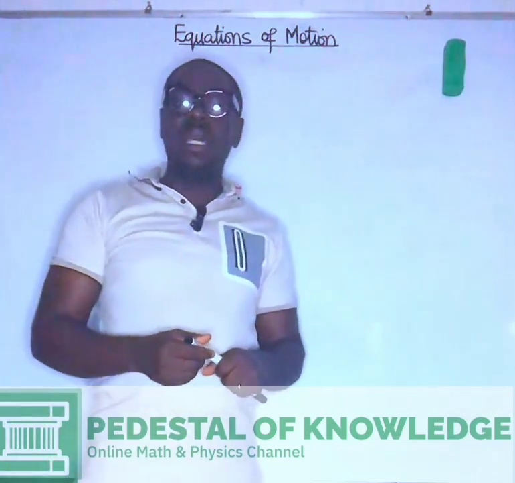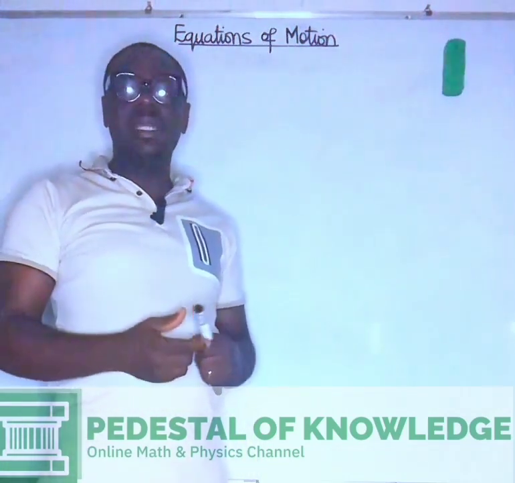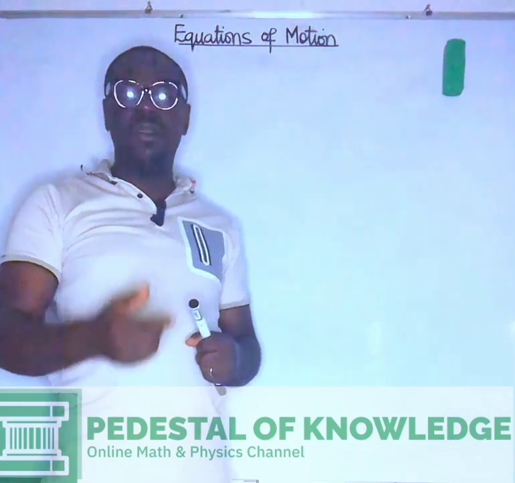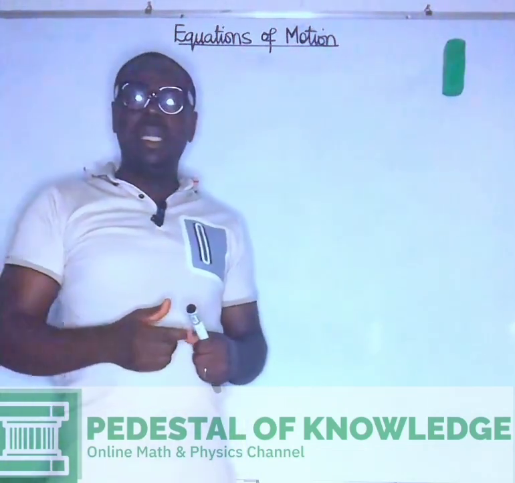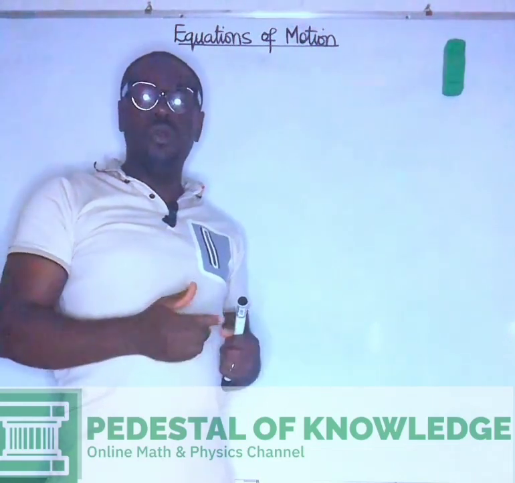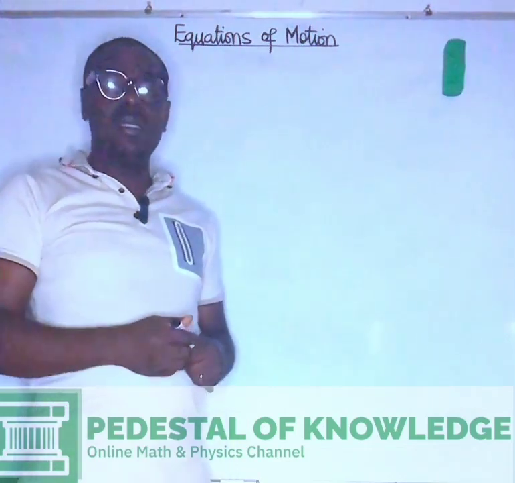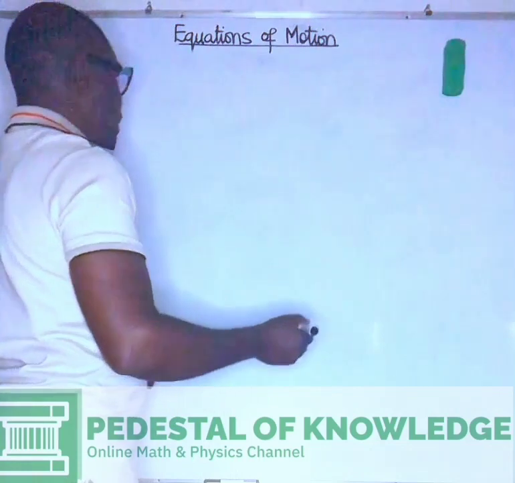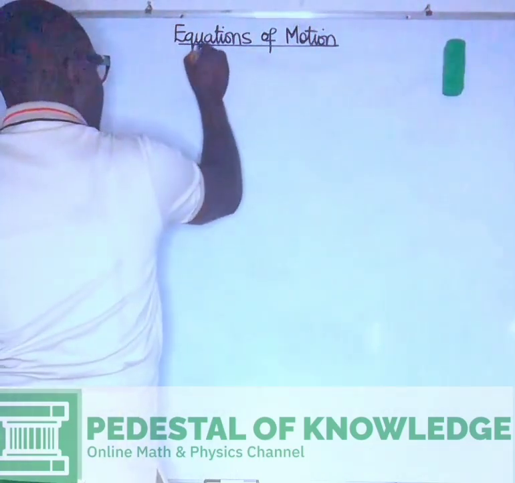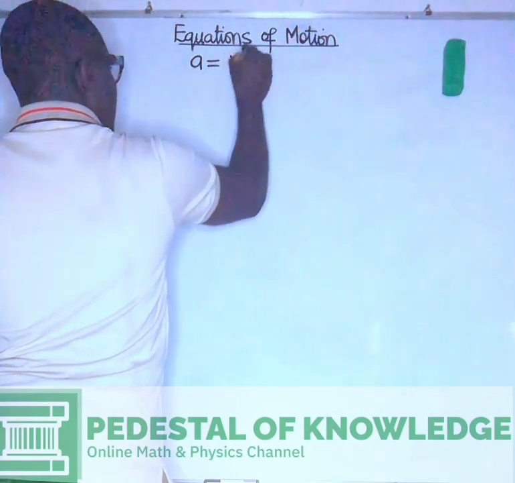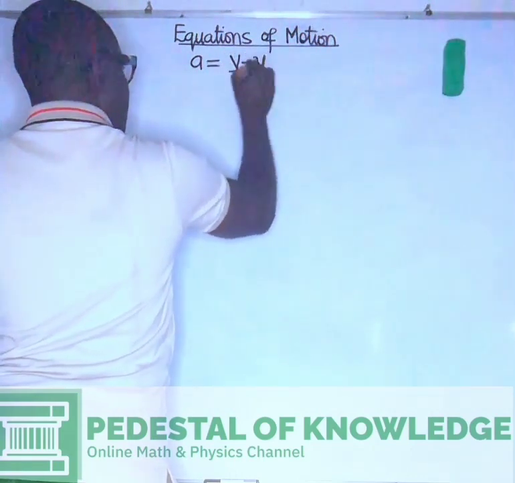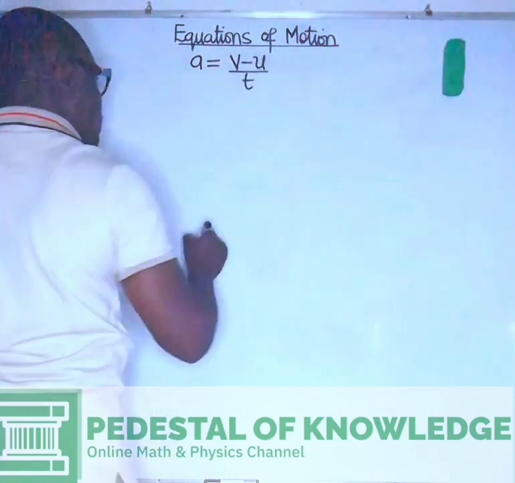Now, we know that acceleration is simply defined as the time rate of increase in velocity. So, when the velocity of a body increases in value from u to v in time t, then the time rate of increase in the velocity of that body is given by a is equal to v minus u divided by t.